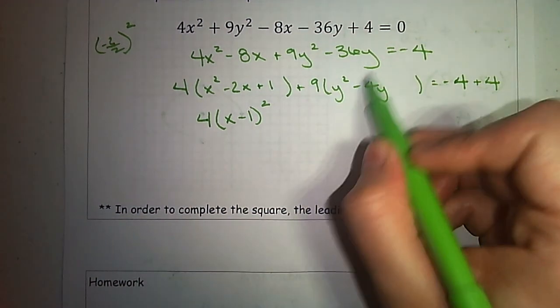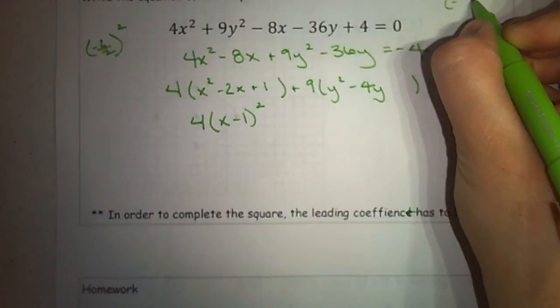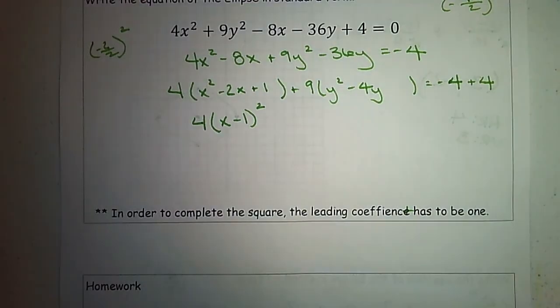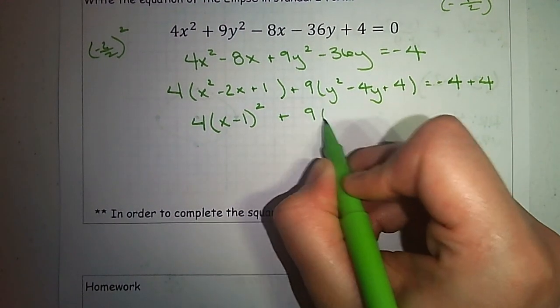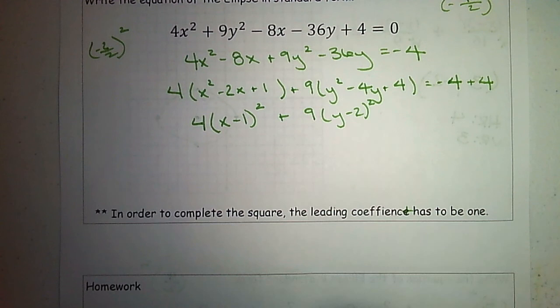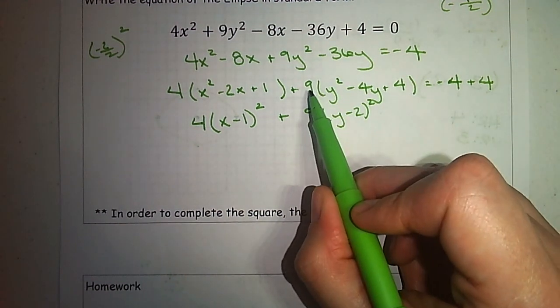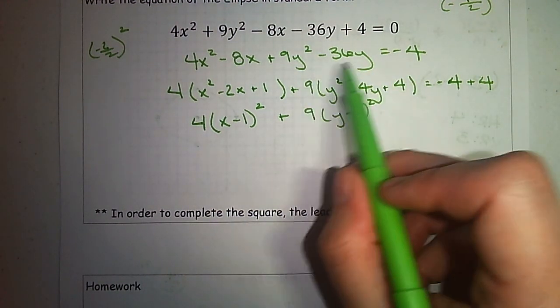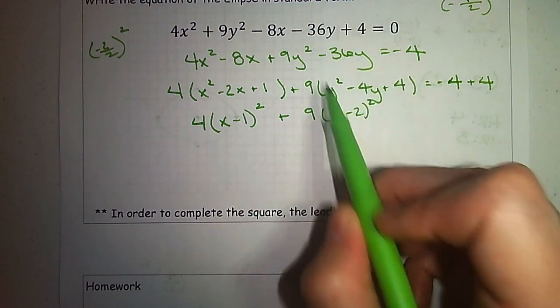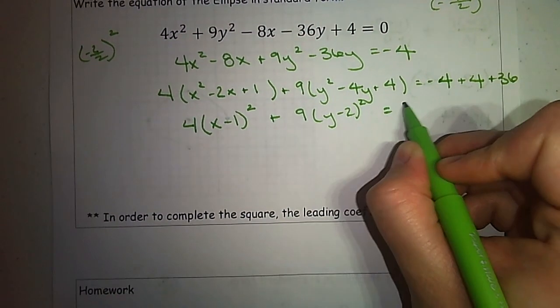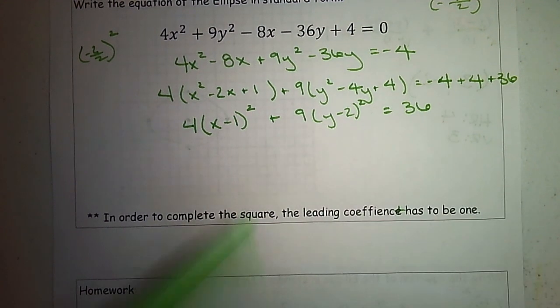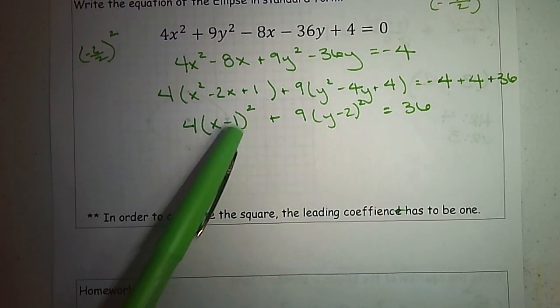If I do the same thing over here, so divide that middle term by 2 and square it, I'm going to get negative 2 squared, which is going to be a positive 4. And again, technically, I added a 36 to both sides. So here I just wrote it as that binomial squared.